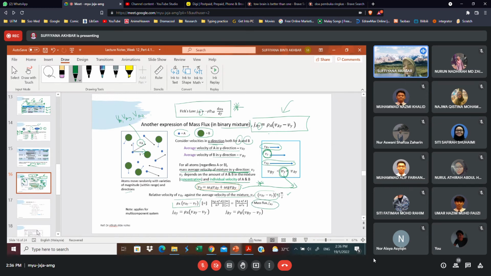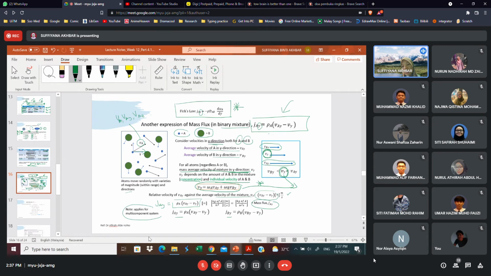That's why j_Ay, the mass flux of component A in the positive y direction, is equal to rho_A times the relative velocity, v_Ay minus v_y. If your system is a binary system, you can also write j_By equals rho_B in brackets v_By minus v_y.